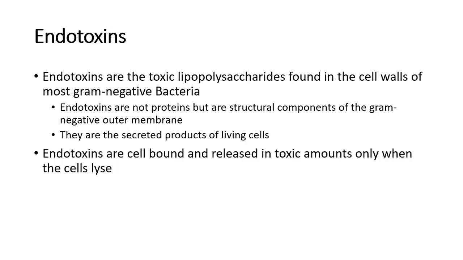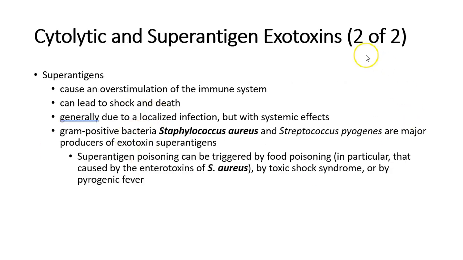Endotoxins, as we mentioned, think about this. This is an exotoxin because staph is gram positive, strep is gram positive. They are not gram-negative organisms. So they have that thick layer of peptidoglycan, so that exotoxin is being produced by them.